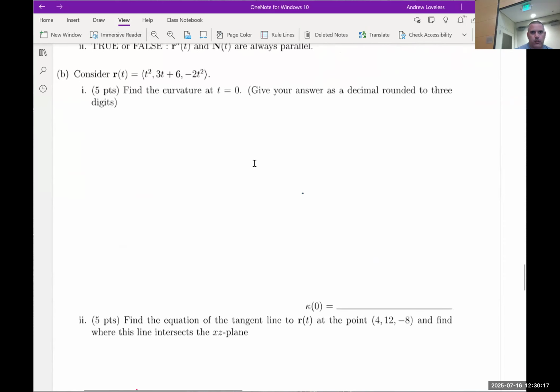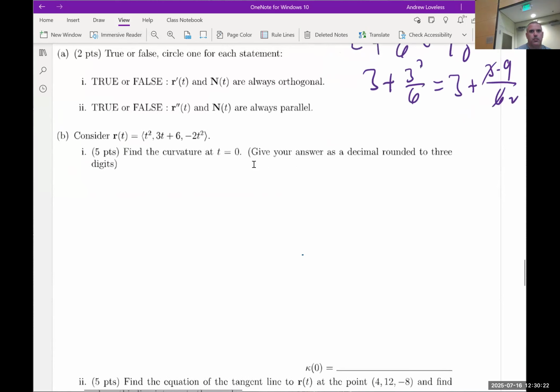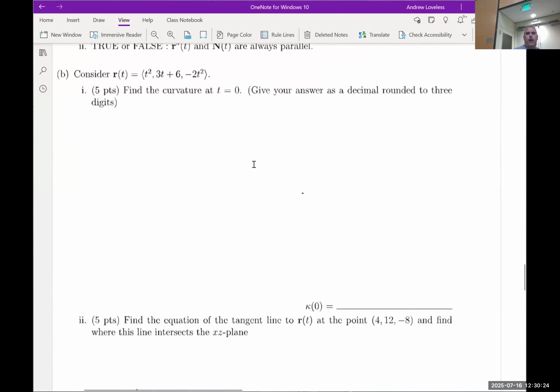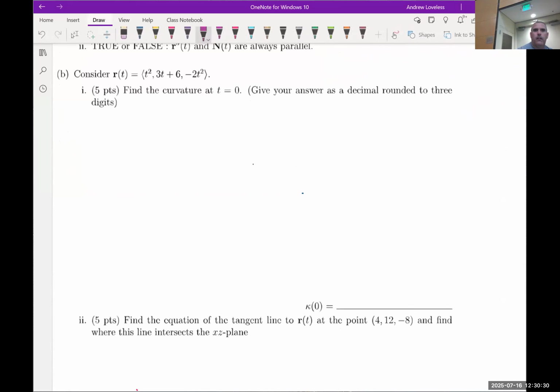Okay, so there was a curvature question and a tangent line question. Good. Do you want to go through both of those? Yeah. So it's asking for the curvature at 0 for this thing, right? So what we need is this curvature formula, r prime of t.